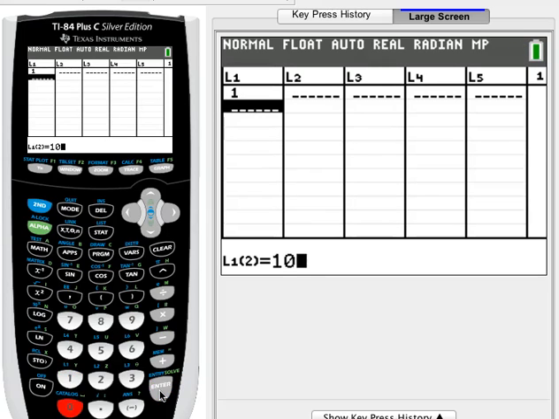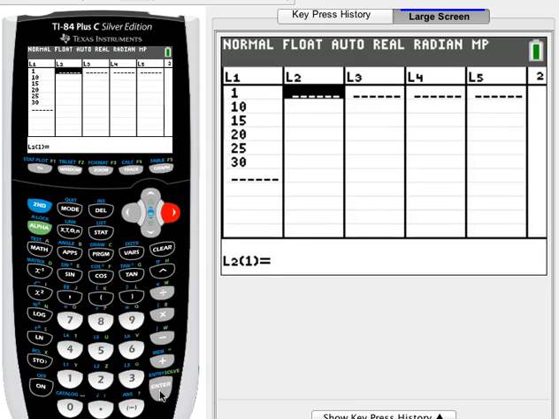So 1, 10, 15, 20, 25, 30. All the y values, or oxygen concentrations, as y's. So 14, 11.5, 10, 9, 8, 7.5.